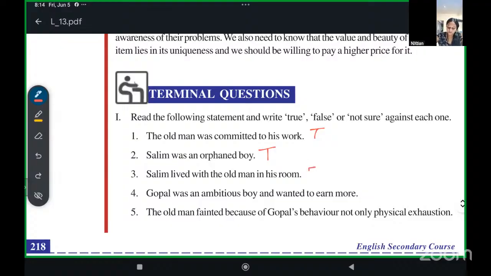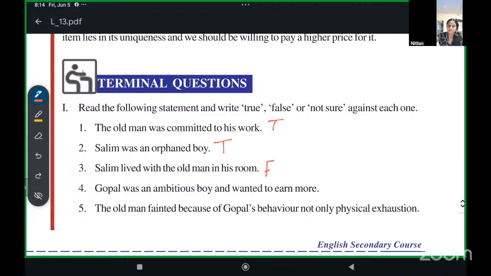False. Gopal was an ambitious boy and wanted to earn more. True. The old man fainted because of Gopal's behavior, not only physical exhaustion. True, ma'am.